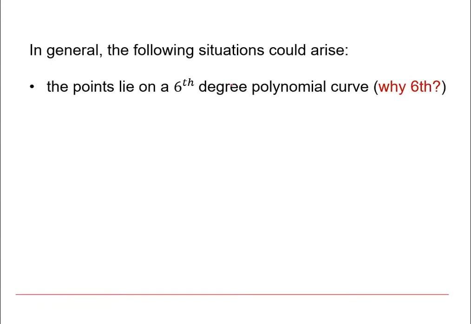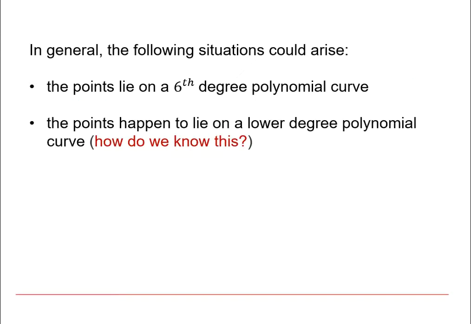So in general, these are the situations that could arise if you've got 7 points. It could be that they all lie on a 6th-degree polynomial curve, but it could also be the case that they happen to lie on a lower degree polynomial curve, and we could establish that by noticing exactly constant differences.